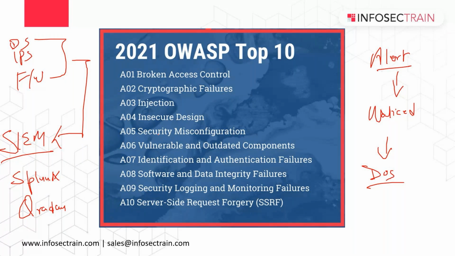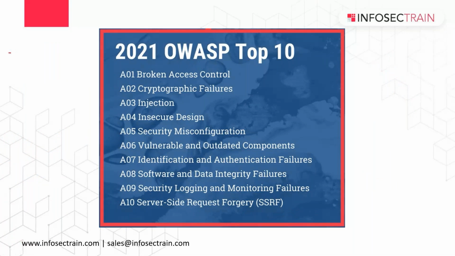Then the last one is server-side request forgery. Now, when we talk about server-side request forgery, it is a very famous and very interesting vulnerability. What I'm doing is sending a request. Now that request is giving me access to the web server, right?